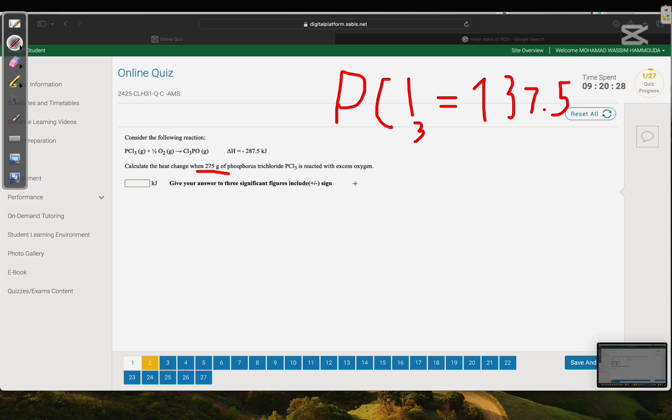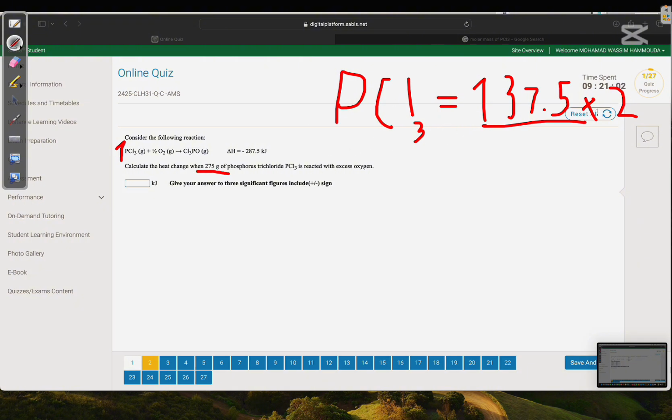So let's look here in the equation. They said we have 1 mole, which is 137.5 grams, and now they wanted 275 grams, which is basically times 2 of this. So how do we go from 137.5 to 275?